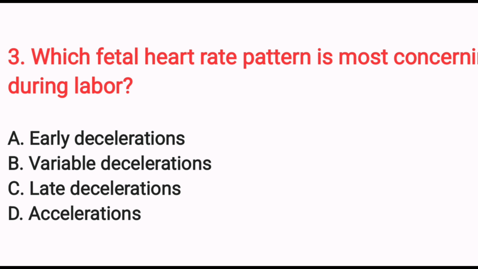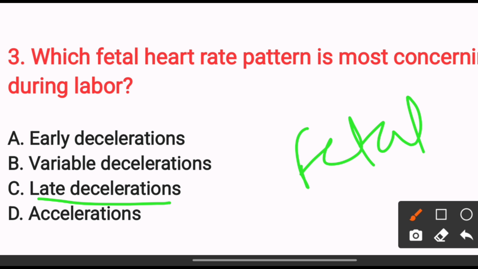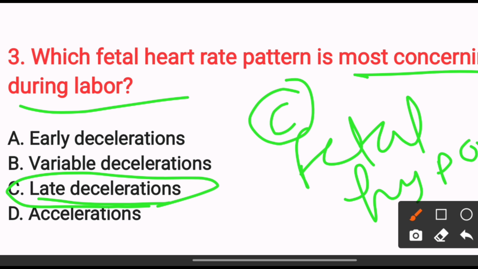The answer will be option C, late decelerations, because late decelerations indicate uteroplacental insufficiency and fetal hypoxia, lack of oxygen in the tissue, requiring urgent intervention. So late deceleration is the most concerning during labor. The answer is option C.